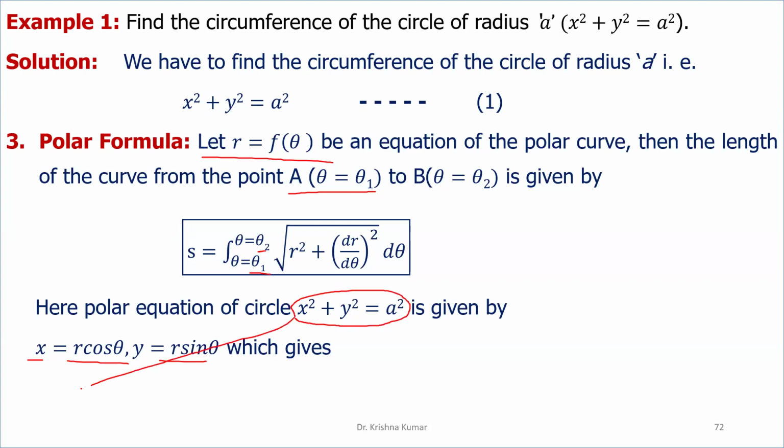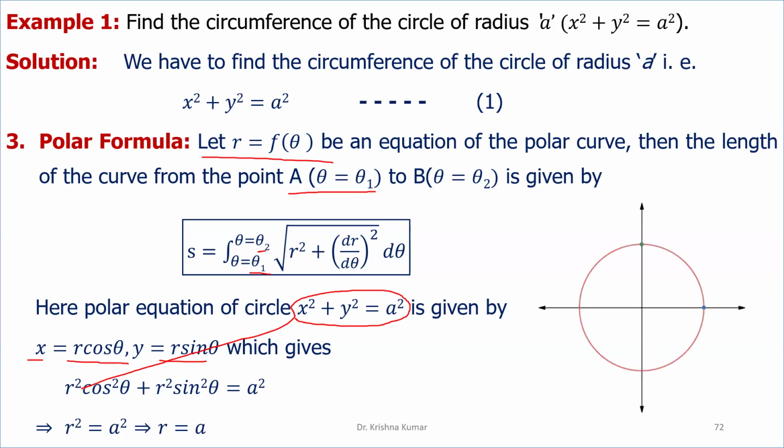Then this equation becomes r square cos square theta plus r square sin square theta equal to a square, which implies r square equal to a square. So r equal to a, since the radius cannot be negative, so we only take r equal to plus a.